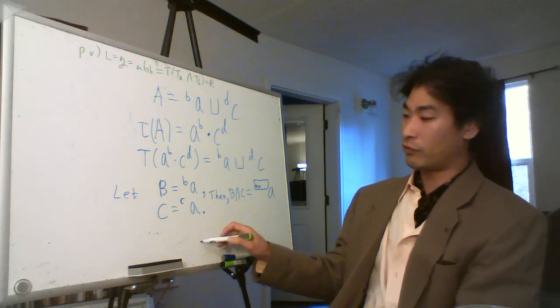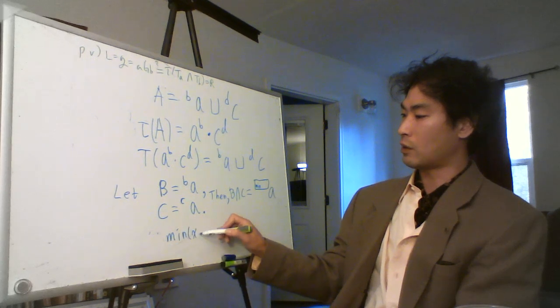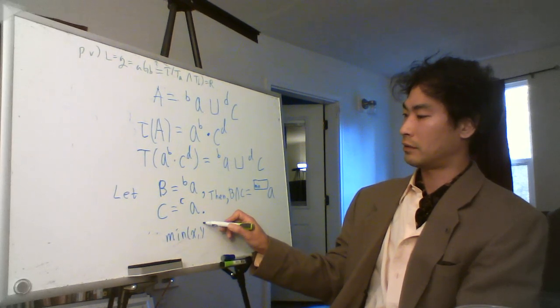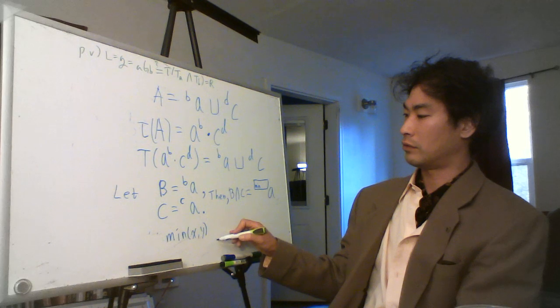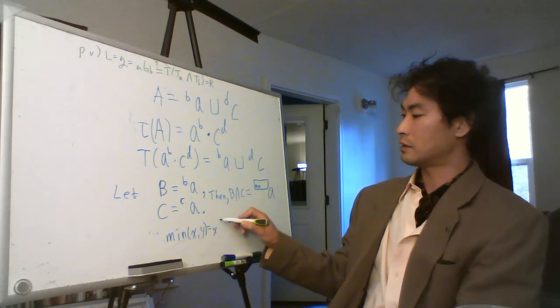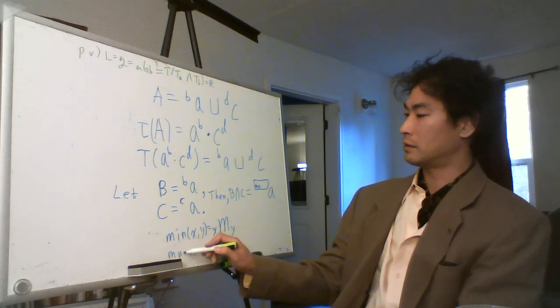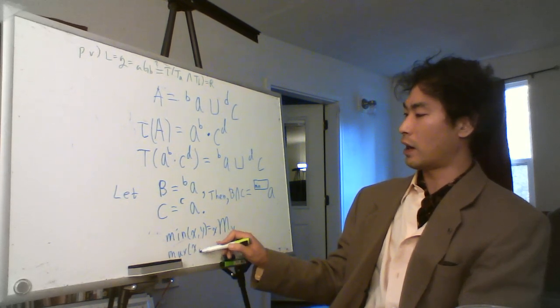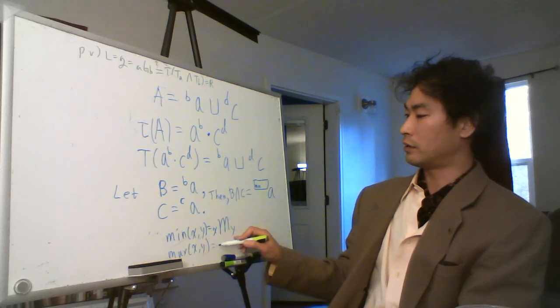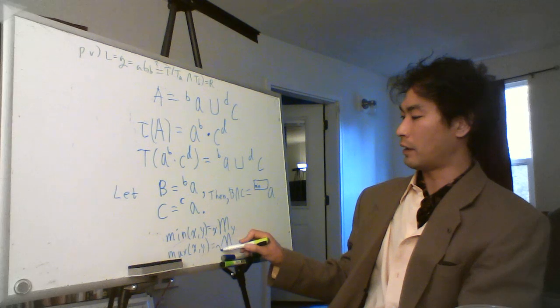For minimum function, we'll use, okay, minimum of x and y, we call it x small m y. Max of x and y, we call it x uppercase M y.